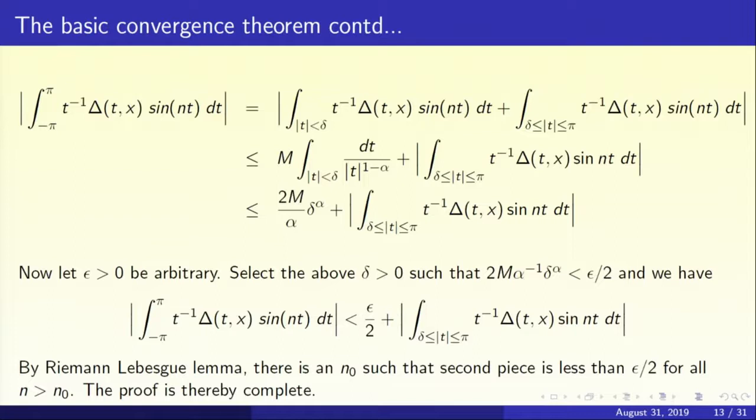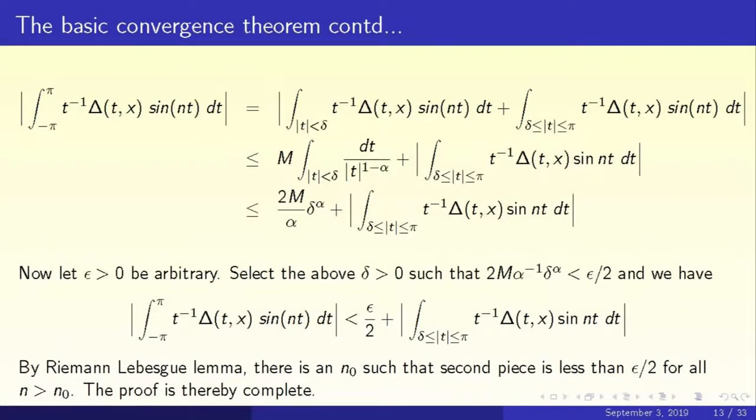Remember that mod capital delta, because of Holder continuity, is less than or equal to M times mod t to the power alpha. So what you need to observe is that 1 upon t is not integrable near the origin.